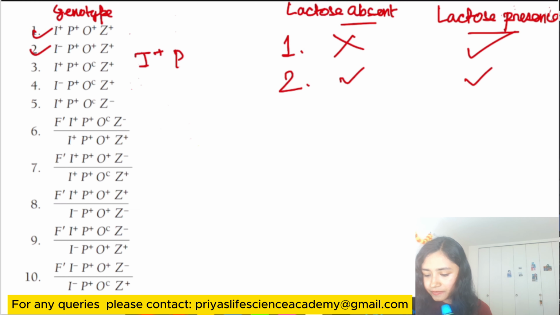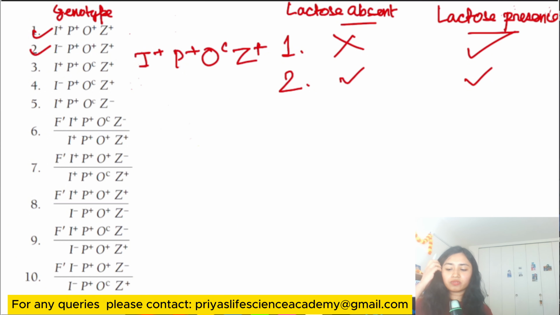Next: I plus, P plus, OC, Z plus. What will happen, dear students? I plus will produce active repressor, but will the repressor bind with the operator region? Yes, you guessed right, it can't bind, because the operator region is mutated. There is OC, where C means constitutive.